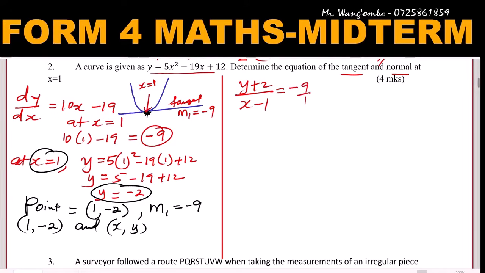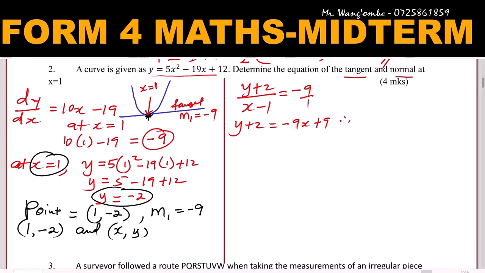So you cross multiply, so you get y plus 2 is equal to negative 9x plus 9. So this will give y is equal to negative 9x, then plus 7. So that is the equation of the tangent.